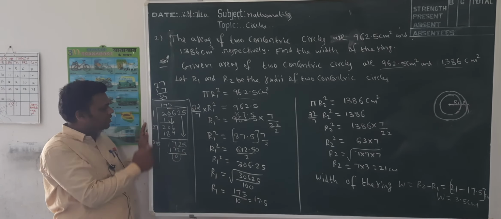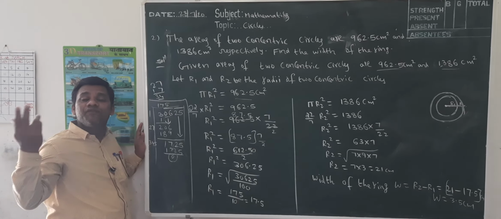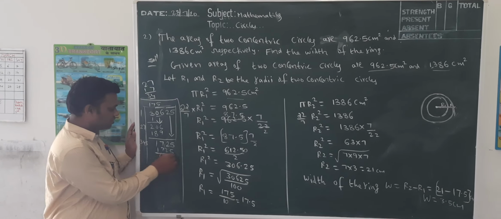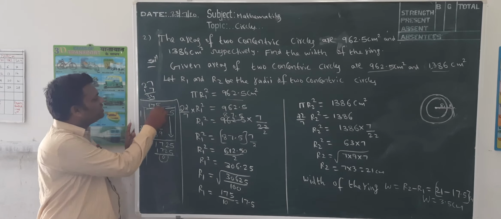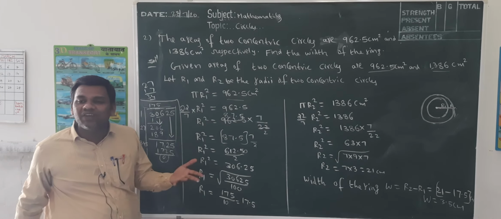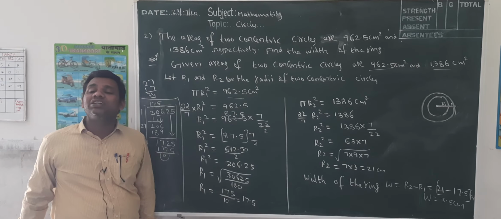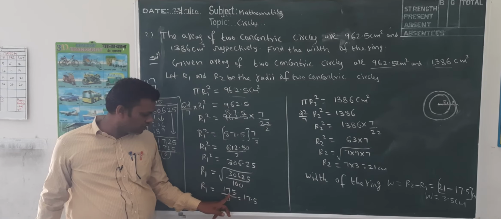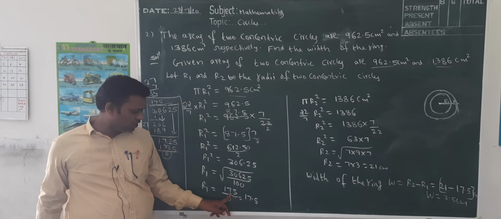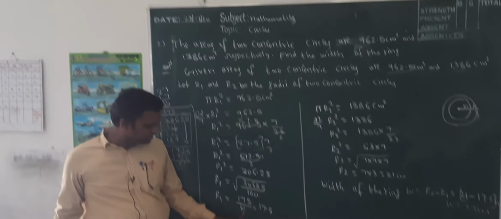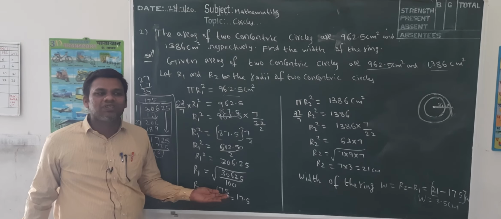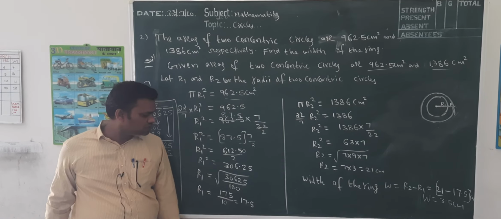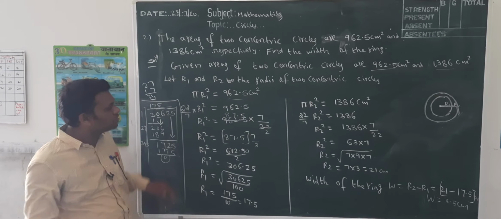Again 2 is there. 5 3s are 15, 15 plus 2 is 17, means 175. So 175 into 175 we will get 30,625. So square root of 30,625 value is 175. Square root of 100 is 10. It is an easy method. That is 17.5.